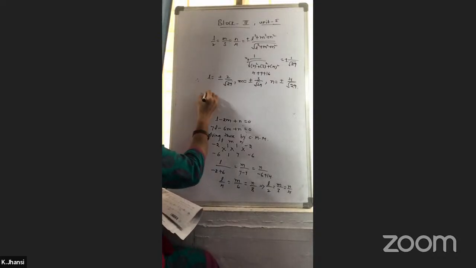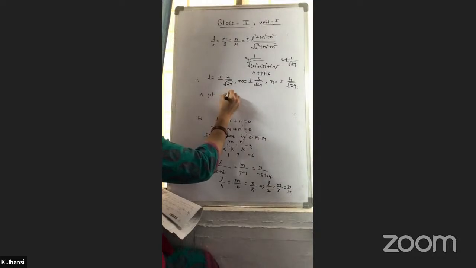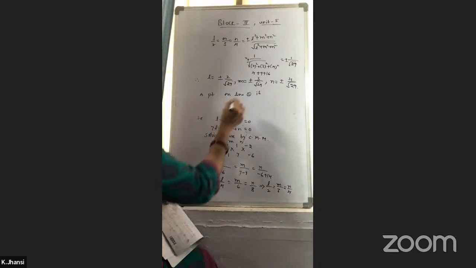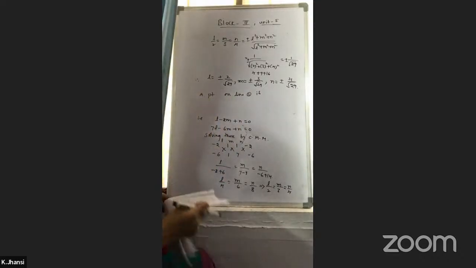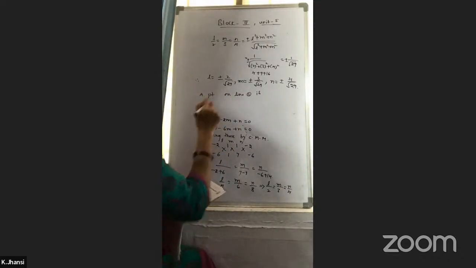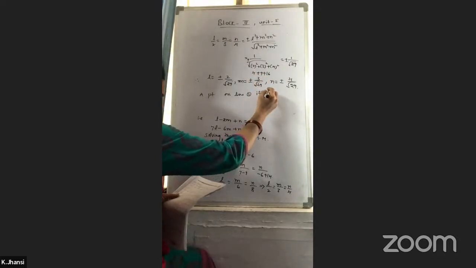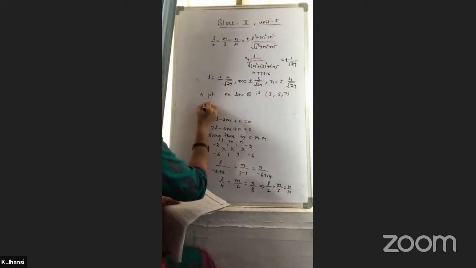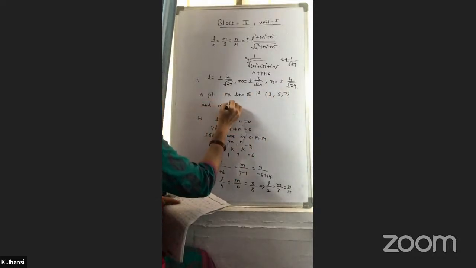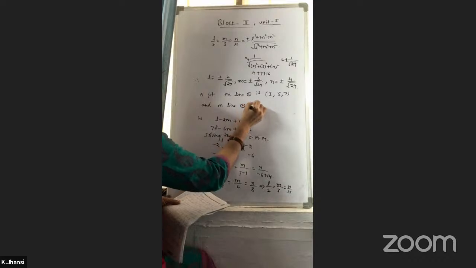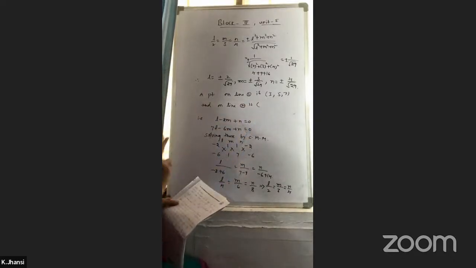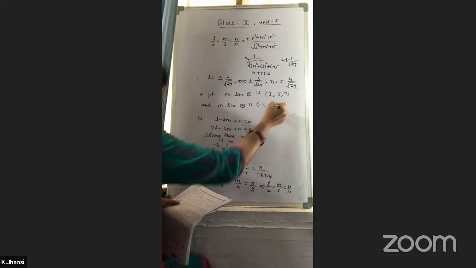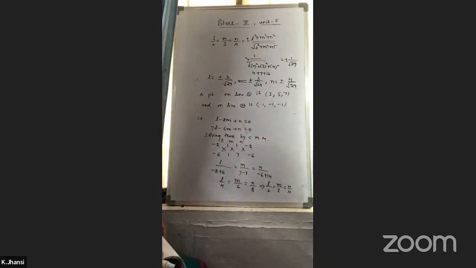So, a point on line 1: we have the first line equation, no? From that, the point on line 1 is 3, 5, 7, and on line 2, that is x1, y1, z1, x2, y2, z2 values, it is -1, -1, -1. The point on the second line is this one.